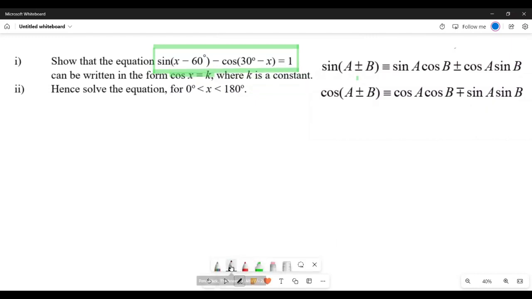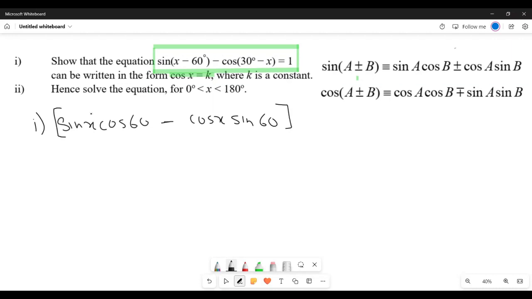So I'm going to expand sin(x − 60). That's going to be sin x cos 60 minus cos x sin 60. There's a negative sign after that, so I'll have to be careful with the algebra and place a negative sign, and then I'll place another bracket.